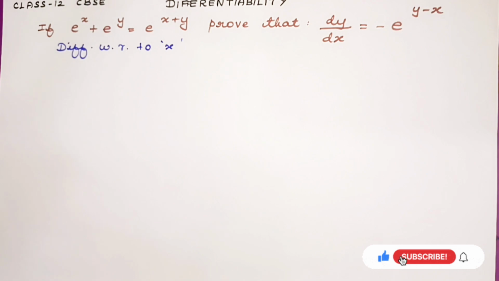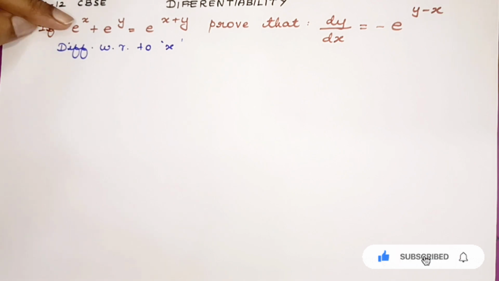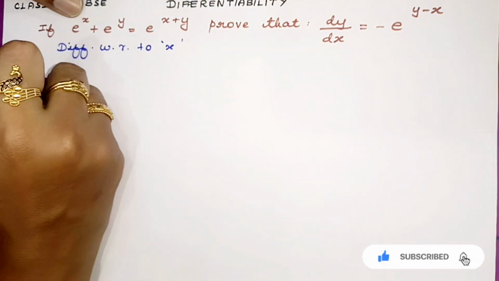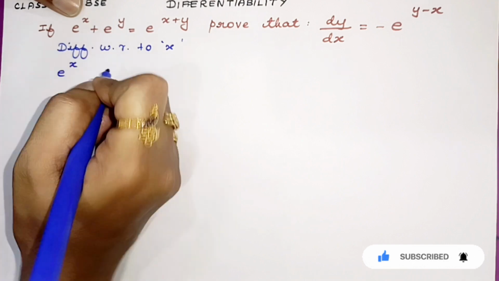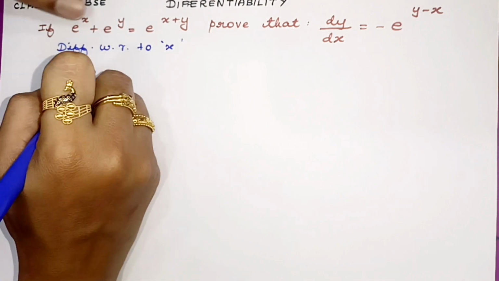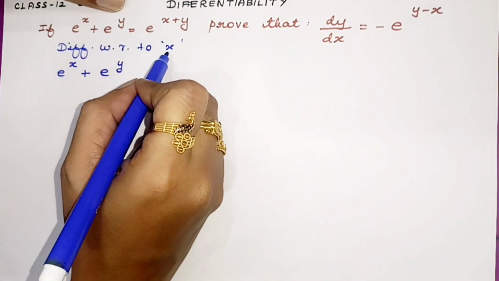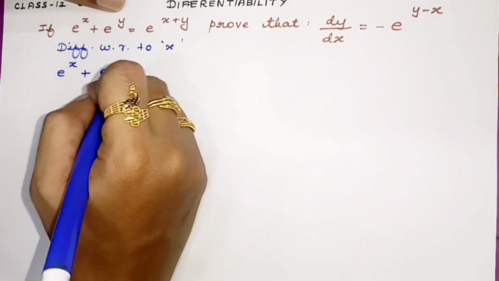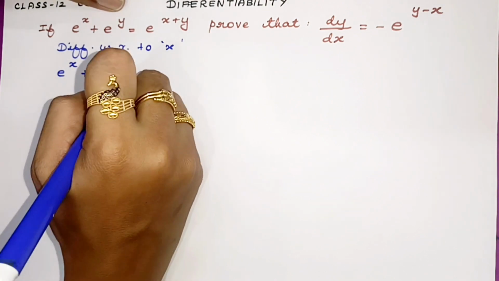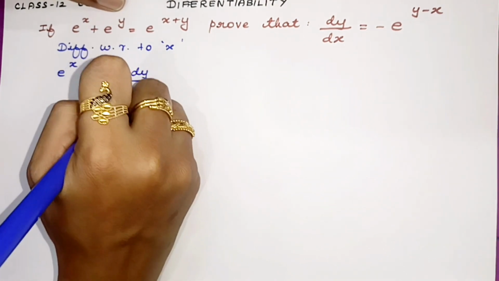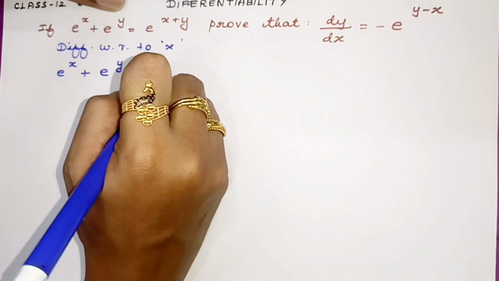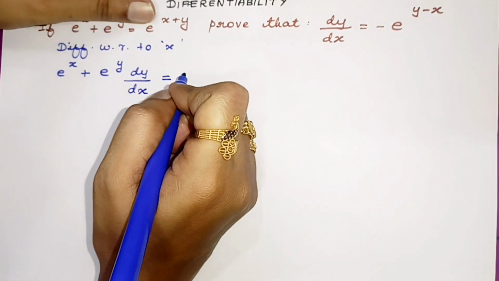Is that clear? While we are differentiating e power x, that is e power x again. While we are differentiating e power y, it is also e power y, but we are differentiating with respect to x while we have differentiated y, so we have to insert dy by dx adjacent to that term. That is equal to e power x plus y.